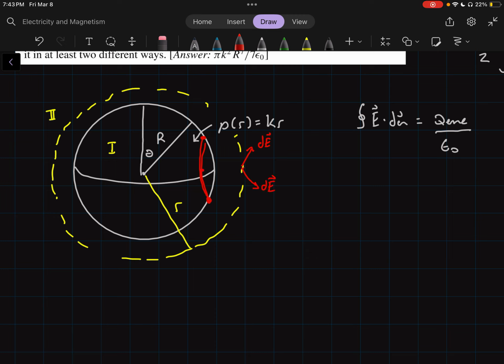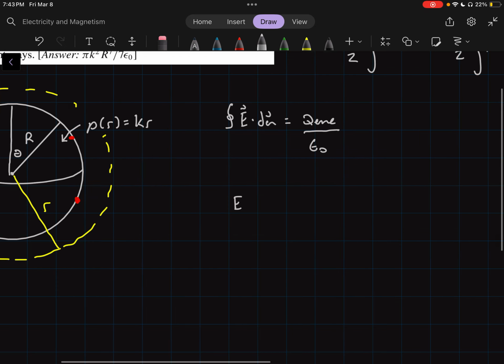And there's one pointing out that way as well. And it's clear to see that these two components, their tangential components, will cancel out, leaving only this portion here pointing out in the radial direction. So from that, we can say that the electric field is in the r hat direction.